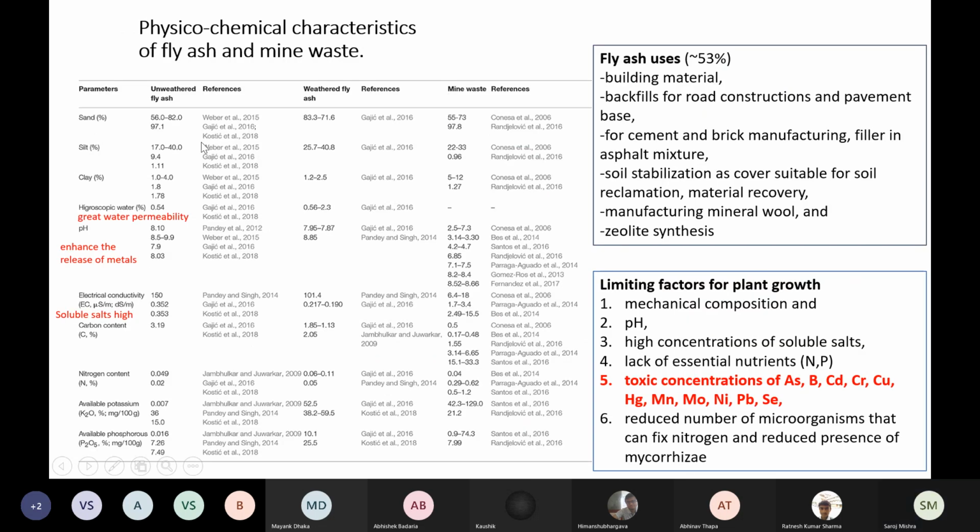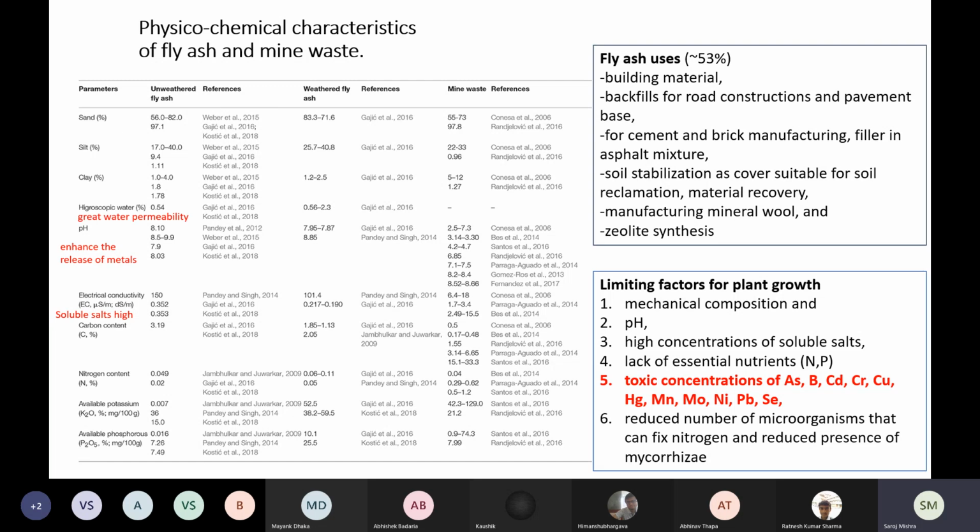There are three columns which I want you to look at, just to allow you to appreciate what you are dealing with. Unweathered means the fly ash has just come out of a thermal power plant, with no weather treatment. By weather, what do we mean? Rain, wind, lightning, and so many other factors.